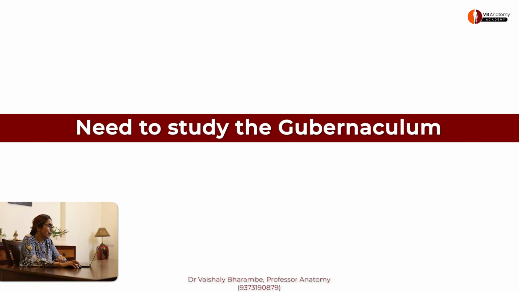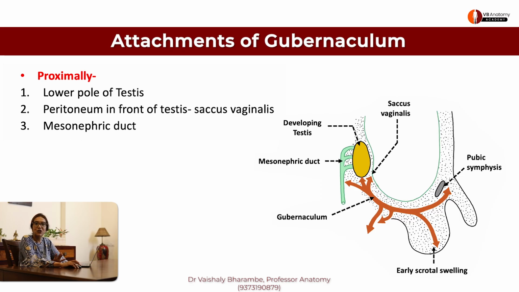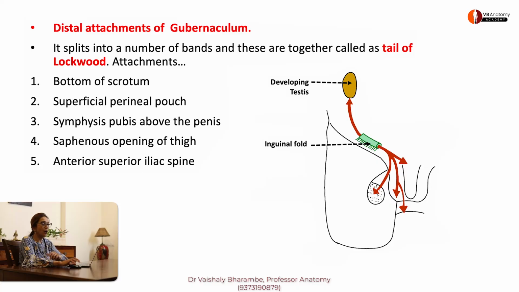Come. So now, before we allow the testes to descend, what is this Gubernaculum? This is a fibromuscular band which is attached at the upper end to the testes, to the mesonephric duct, to the overlying saccus vaginalis. As it travels downwards through the inguinal fold, it gets attached to a lot of lower areas by splitting into tails, which are called tails of Lockwood.